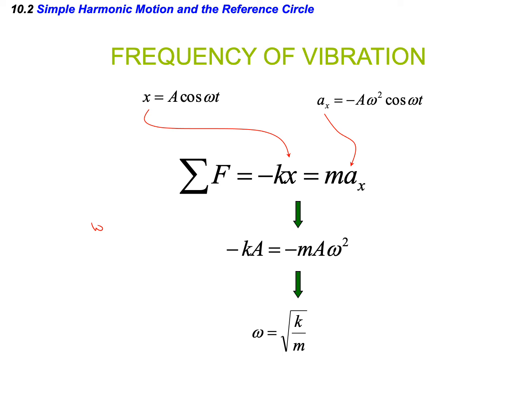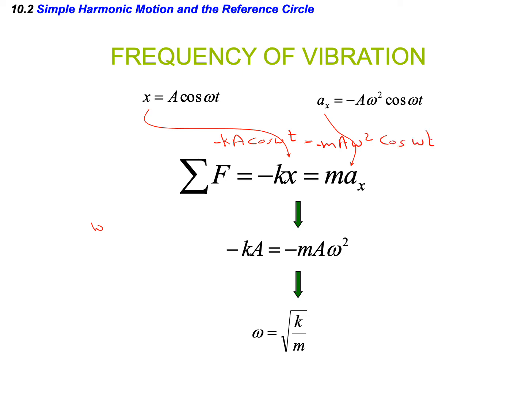So if you substitute kx, where x is A cosine omega t, it equals m times ax, which is negative A omega squared cosine omega t.